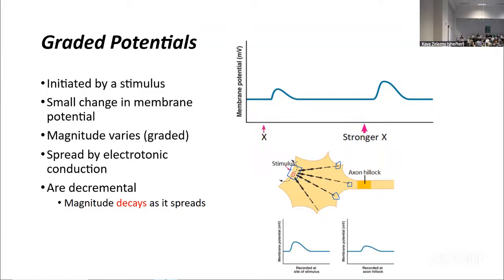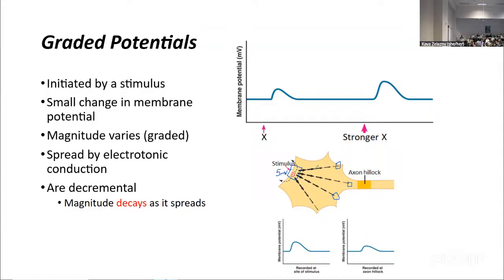So as you spread away from that location where the stimulus came in, like maybe we see a change of like 5 millivolts to the membrane potential here on this patch of membrane.